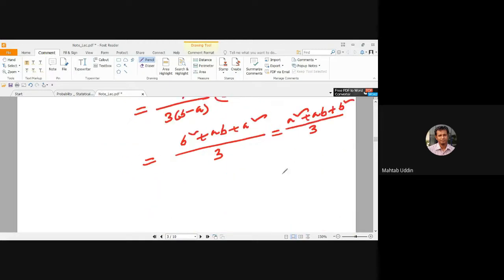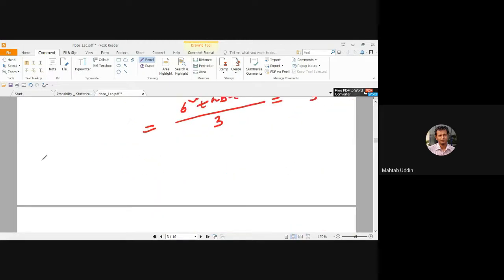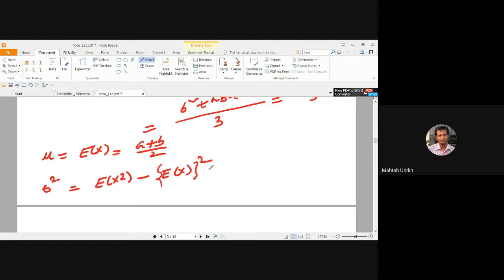So we got the things. Then mu equal to the expectation of x is equal to a plus b by 2, and the variance sigma square is equal to the expectation of x square minus the expectation of x whole square, and after simplification of those elements, you get b minus a whole square by 12.